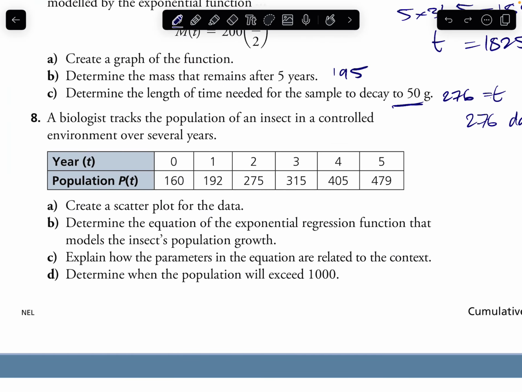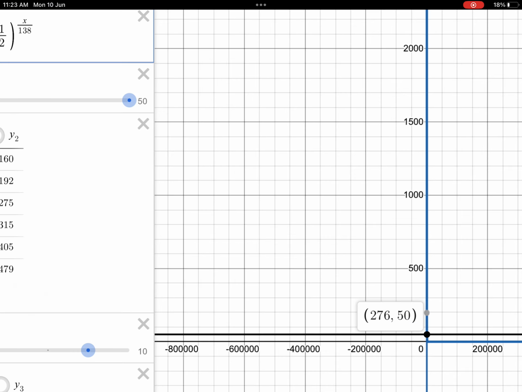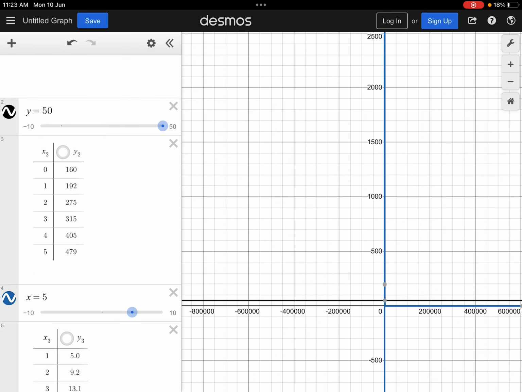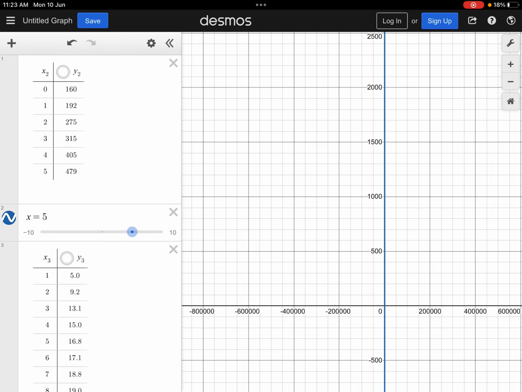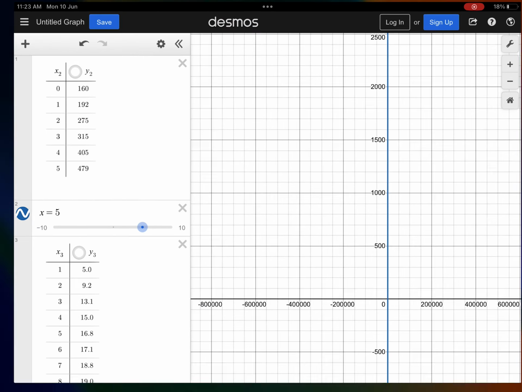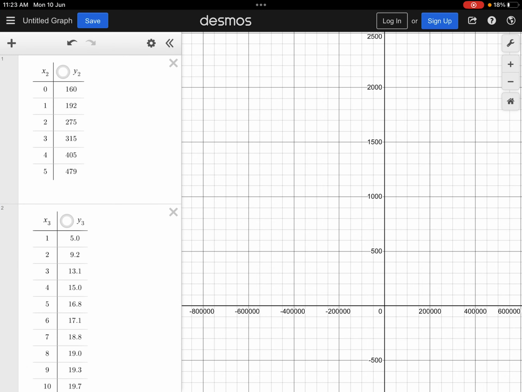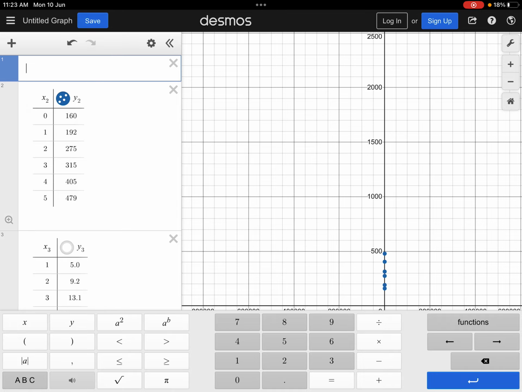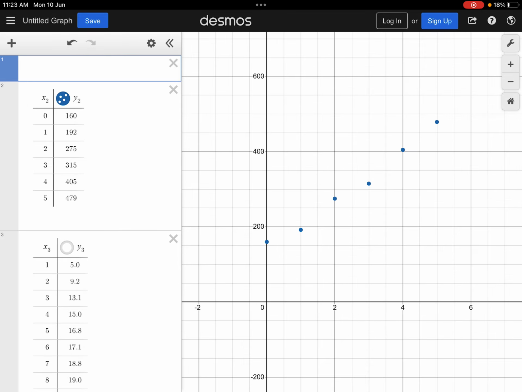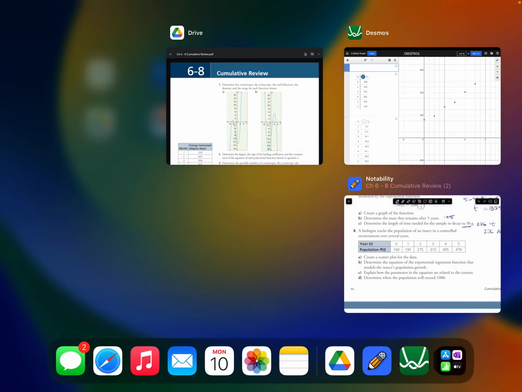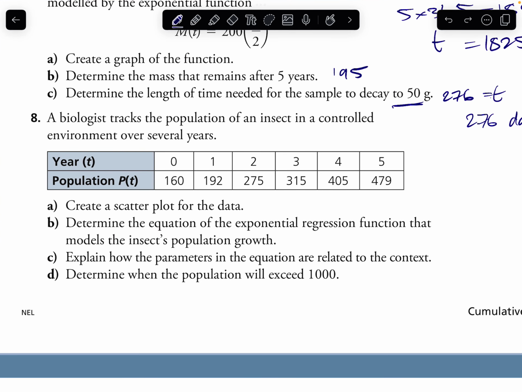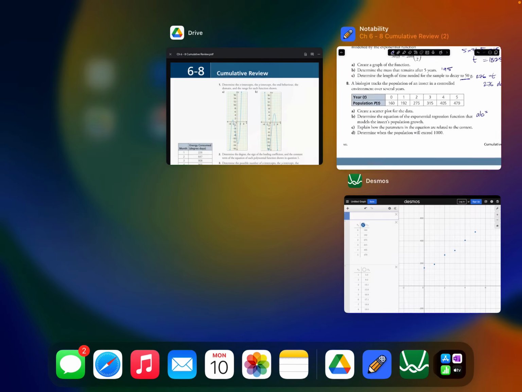So, biologist checks, C, create a scatter plot, which I already did earlier. So we have our scatter plot. Delete that. Turn on those dots now and press that. Sweet. Determine the equation of the exponential regression function. So exponential is a b to the power of x.